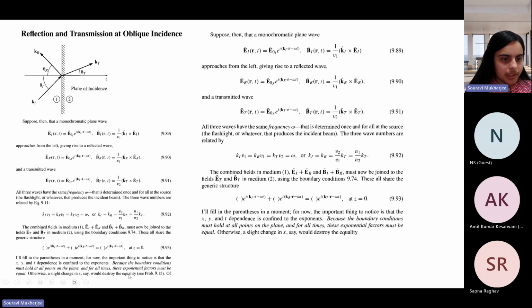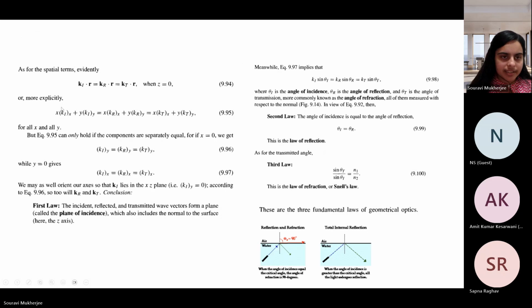So the exponents must be equal. Time is obviously equal, so this goes away. What's important is ki dot r should be equal to kr dot r, and that should also be equal to kt dot r, right? If you use that relation, what you get is this. So more explicitly, this is what happens at the interface.